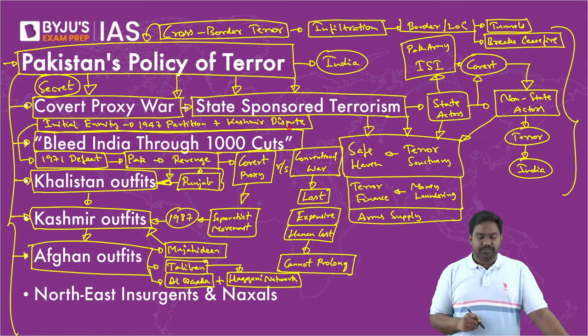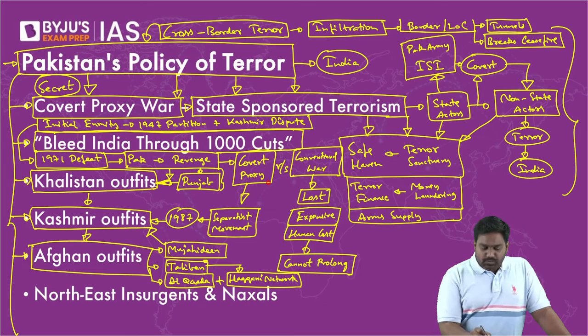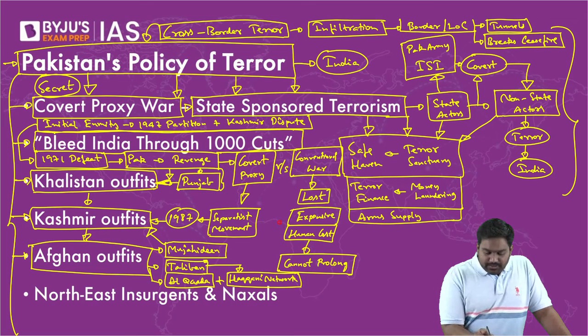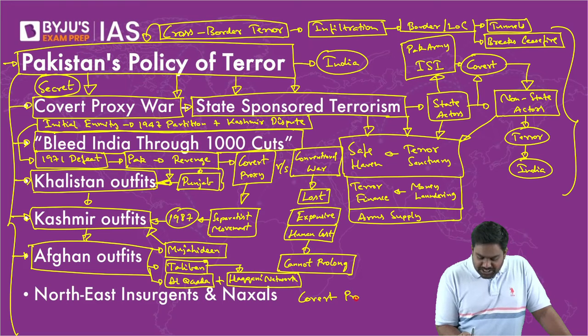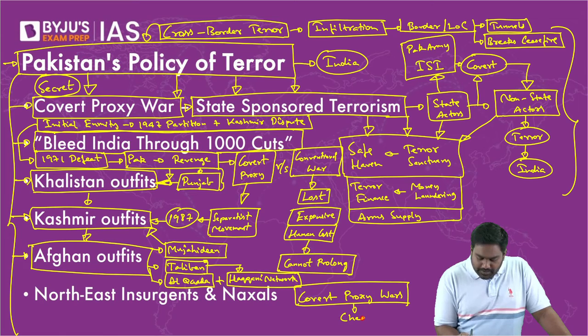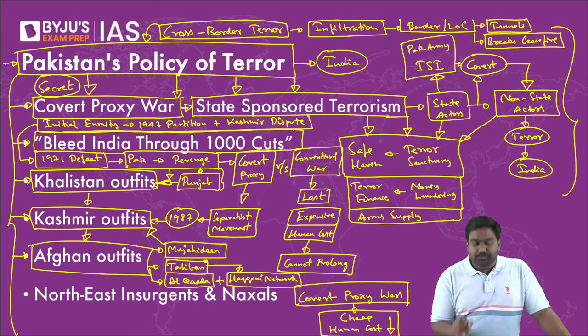against India. Covert proxy wars, as I was explaining, are very cheap and the cost involved is less. It is cheaper to fund and the human cost is less for Pakistan. That is why it relies on the covert proxy option.